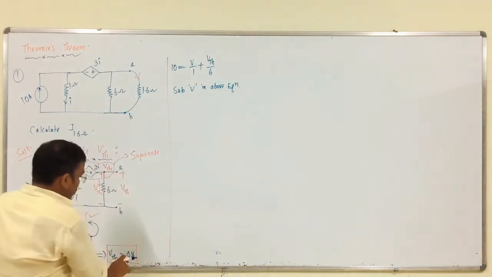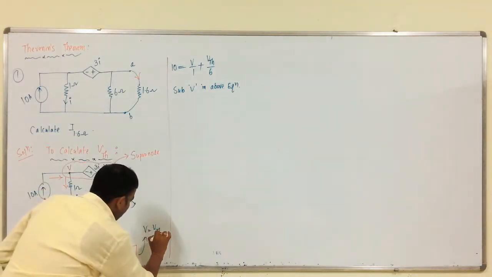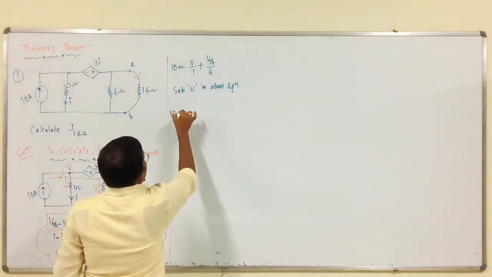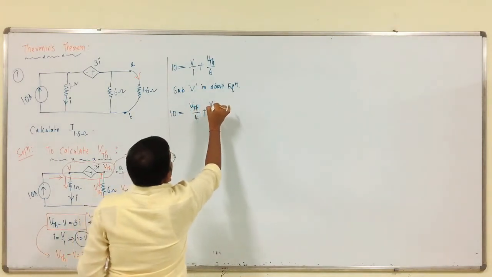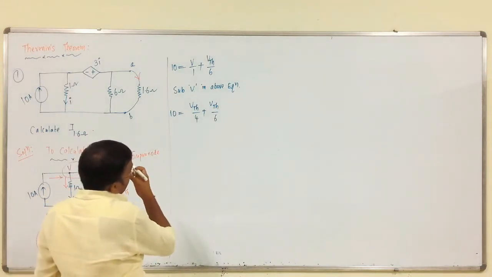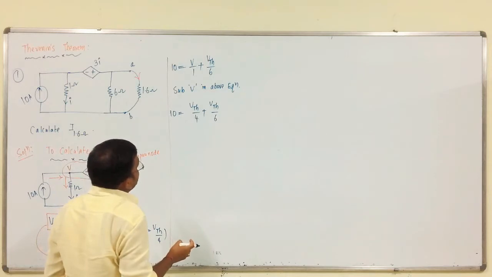So, V is equal to VTH by 4. So, 10 is equal to VTH by 4 plus VTH by 6. The LCM of 4 and 6 is 12.